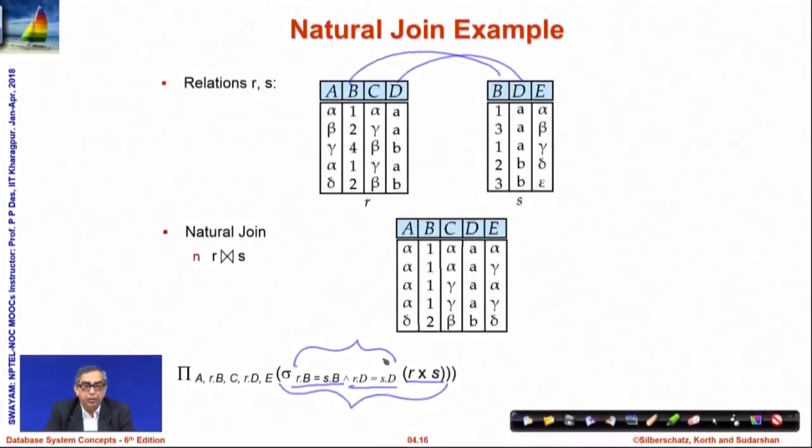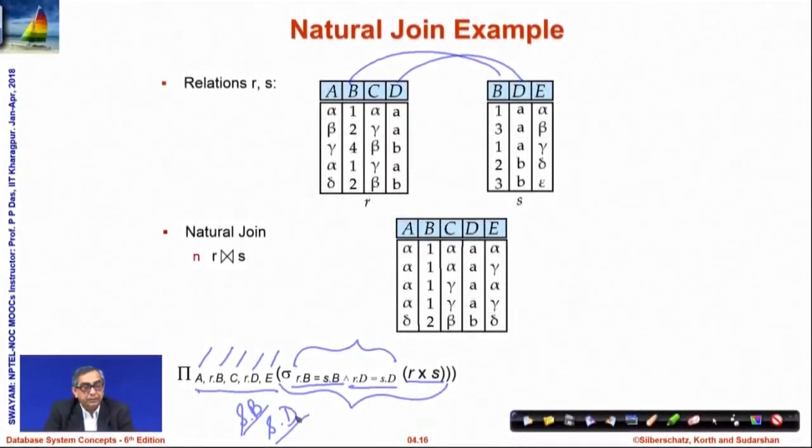So, there is no reason to keep two B columns or two D columns. Now you project onto A, R dot B, C, R dot D and E, which means that S dot B and S dot D are left out.